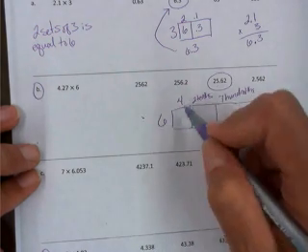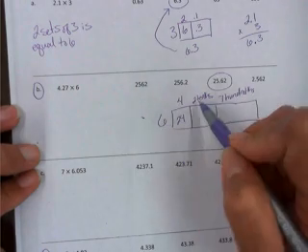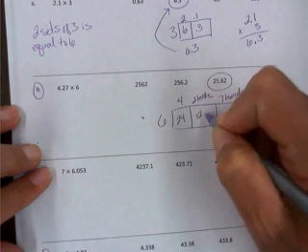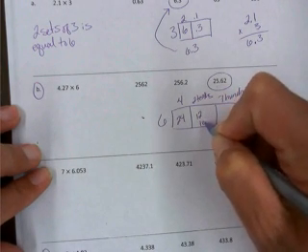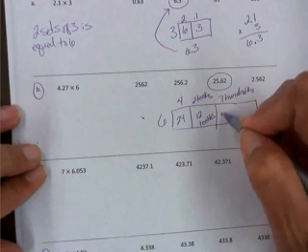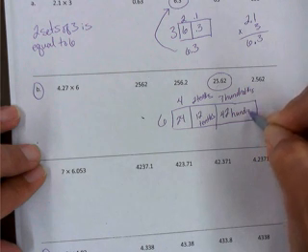I know 6 times 4 gets me 24. I know 6 times 2 tenths is going to get me 12 tenths. I know that 7 times 6 is going to be 42, and it's 42 hundredths.